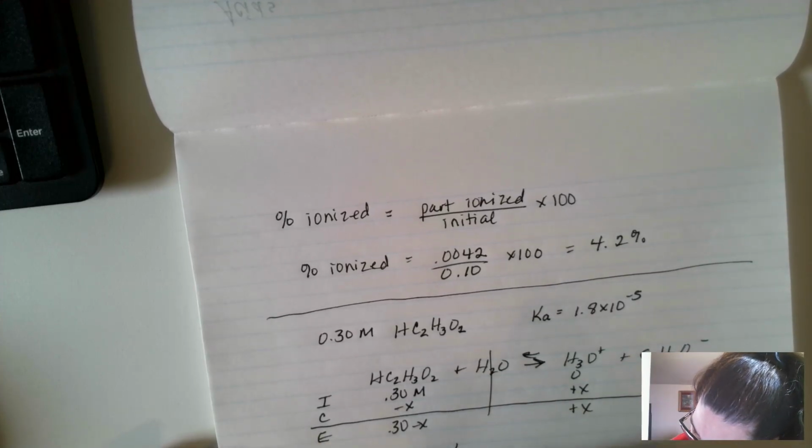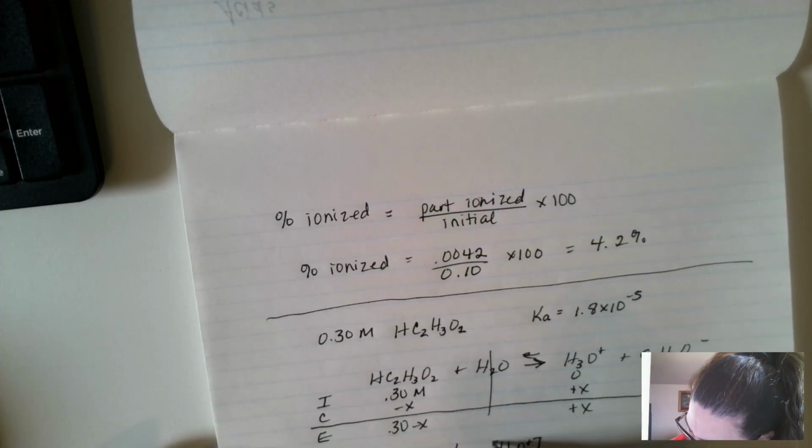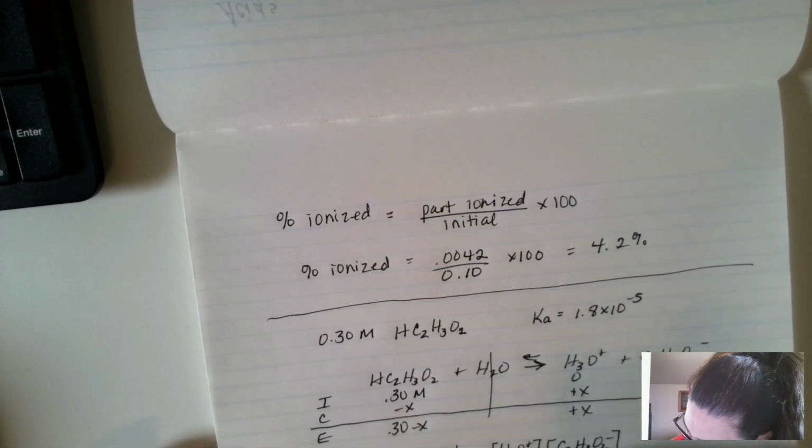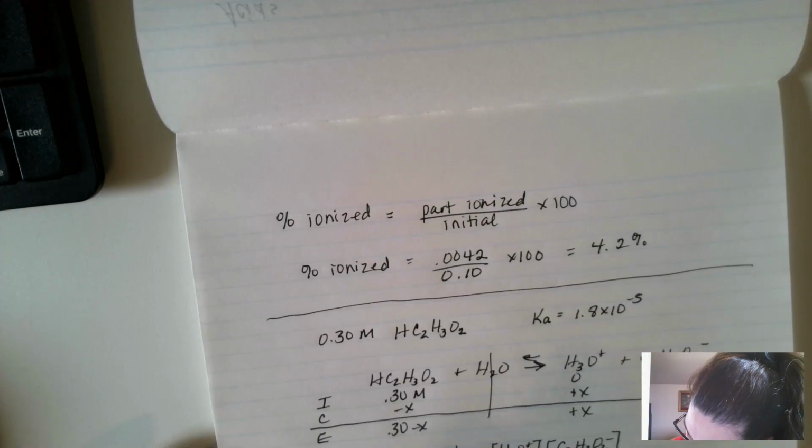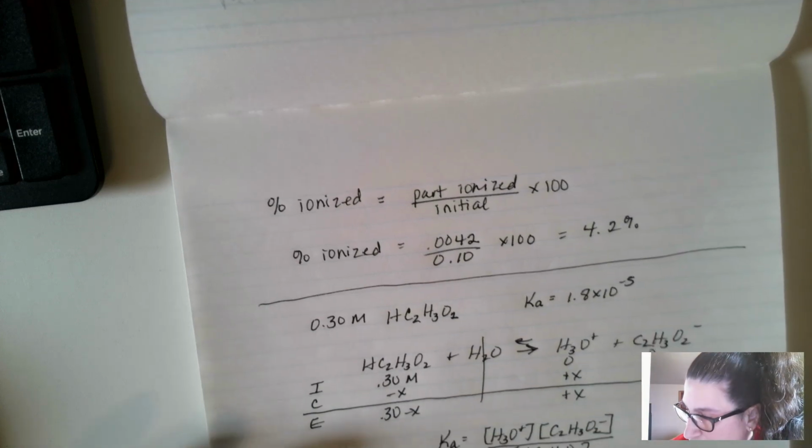And my Ka would be H3O+ times C2H3O2- all over HC2H3O2. So this is going to be 1.8 times 10 to the negative fifth equals x squared over 0.30 minus x.